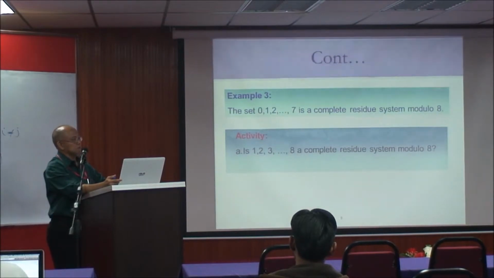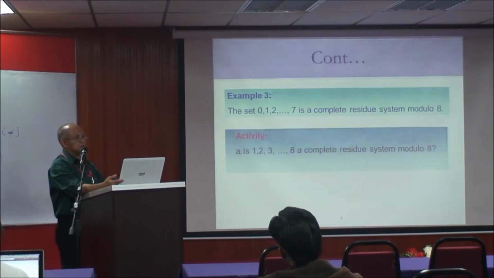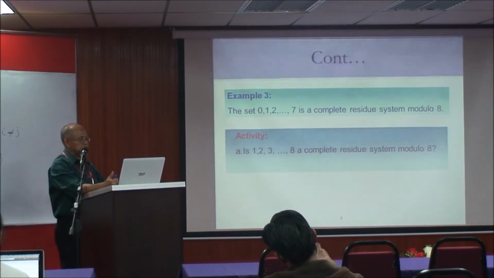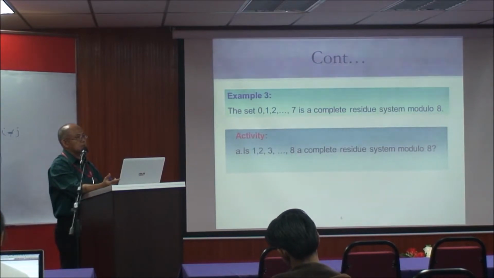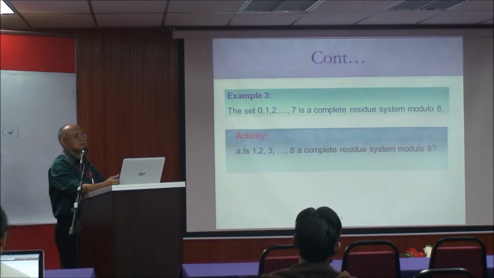So how many complete residue systems can we have? Infinitely many, but basically the requirement is that we must have 8 elements, and none of them are from the same congruence class, right?